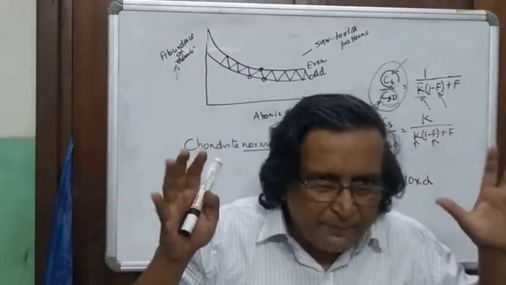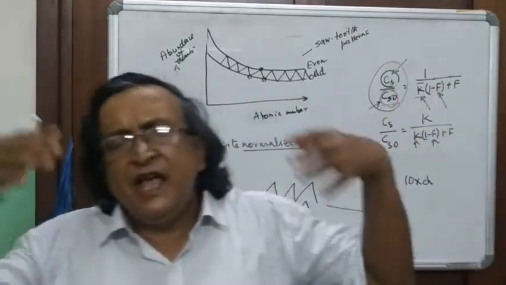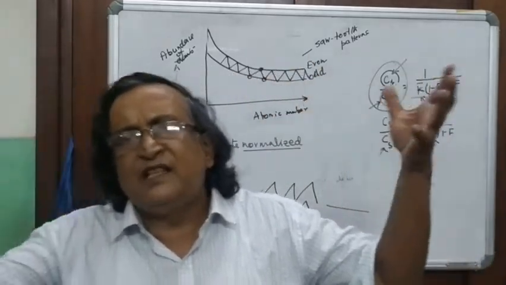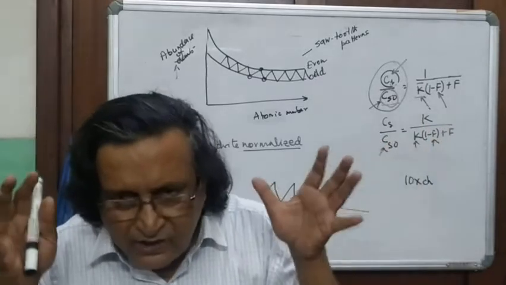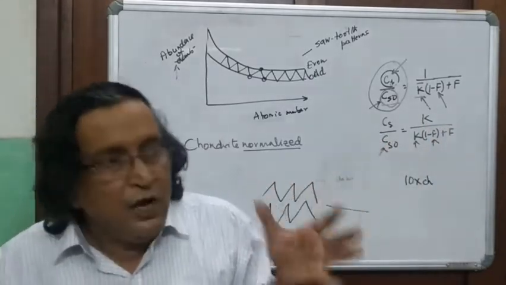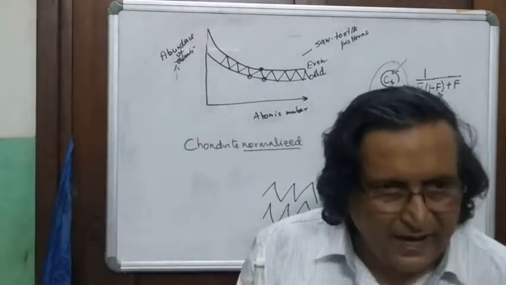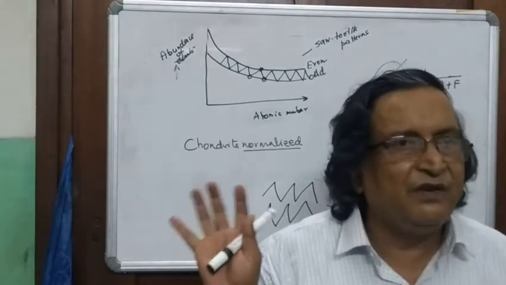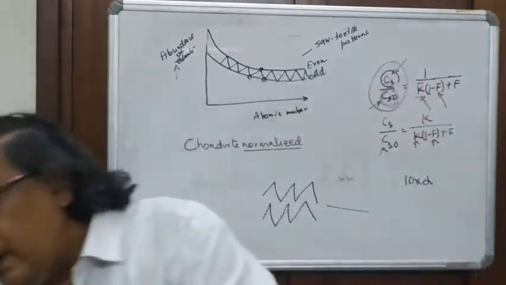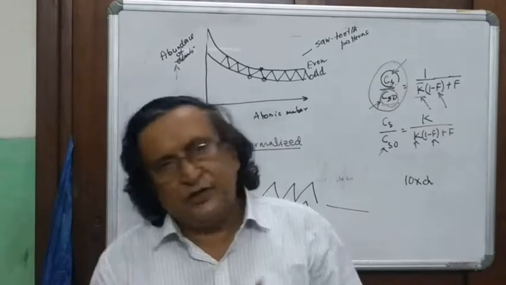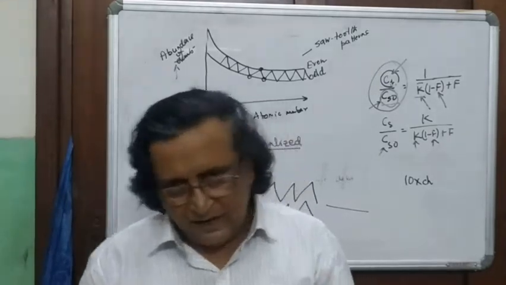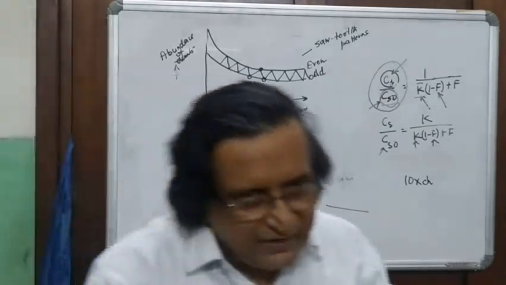No one has sampled a primordial mantle. No one can tell you today, here is the primordial mantle. But people, through their science and logic, try to argue in favor of a primordial mantle or a depleted mantle, whatever that mantle is.